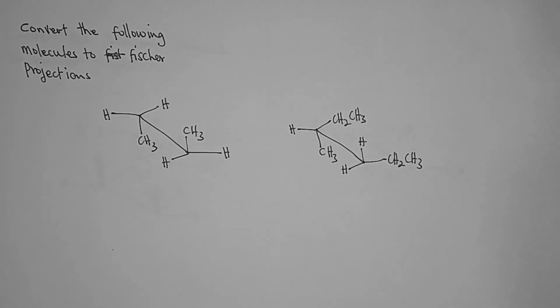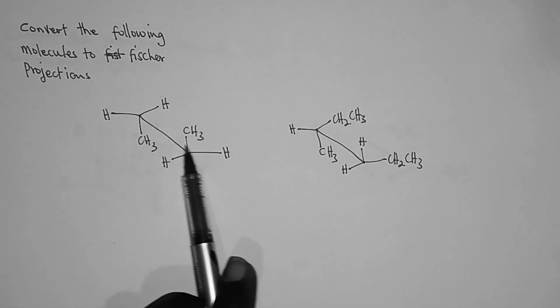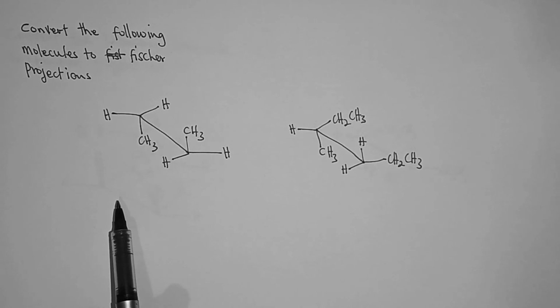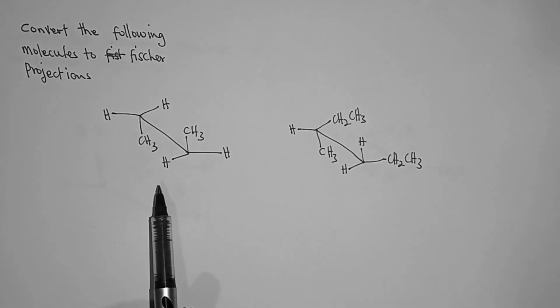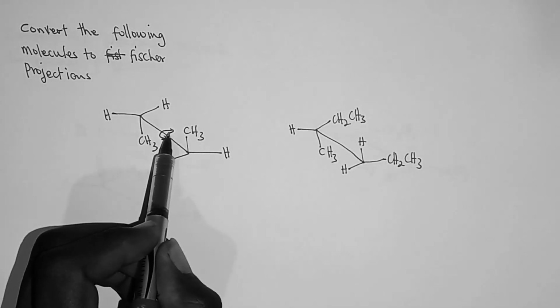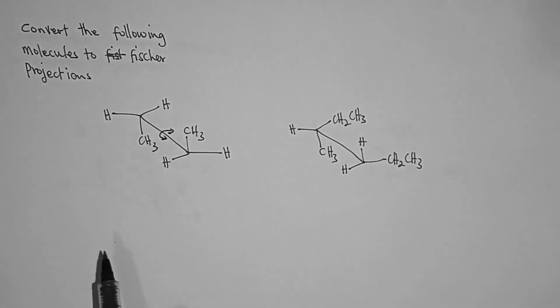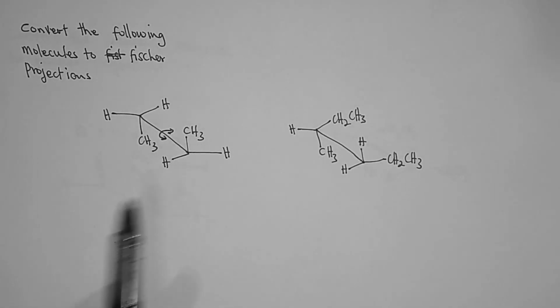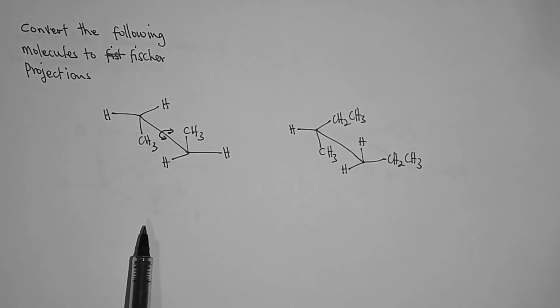Let's talk about how to convert molecules in perspective to Fischer projection. So let's consider these 2 molecules. How do you convert this into Fischer projection? What you do is that, let's take this first molecule. You need to first rotate the molecule 180 degrees. So if you rotate one side of the molecule by 180 degrees, it will align with the other side, and we can then draw it into Fischer projection.